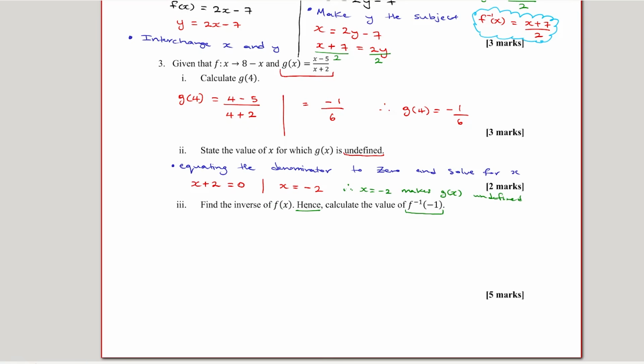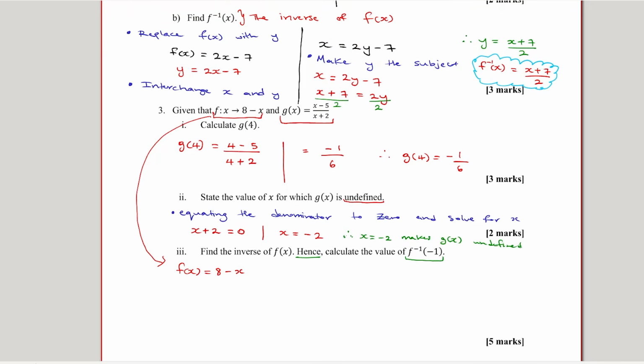After finding the inverse, we're supposed to use that inverse to evaluate negative 1. So let me show you. So the f function from up here is the f function we're going to use down here because it's a continuation. So we have f of x is equal to 8 minus x, and we want to find the inverse of this.